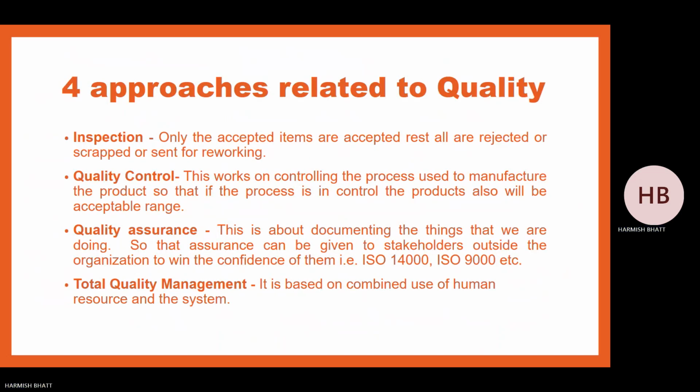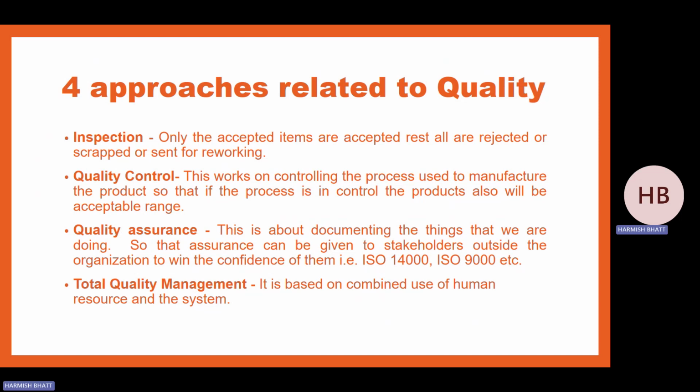The first terminology is inspection, the second is quality control, the third is quality assurance, and the fourth is total quality management. Now we need to understand the basic difference between all these four terminologies.